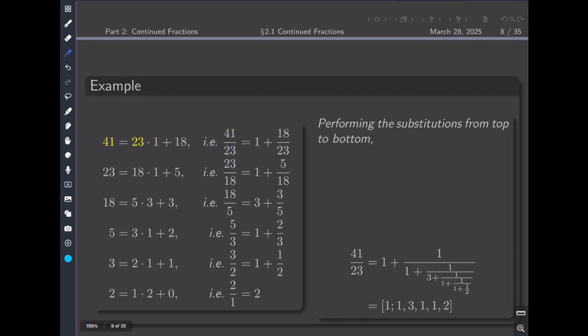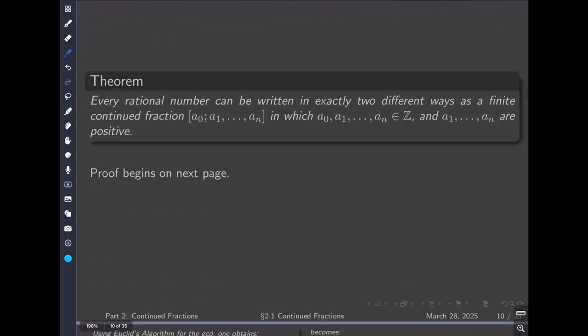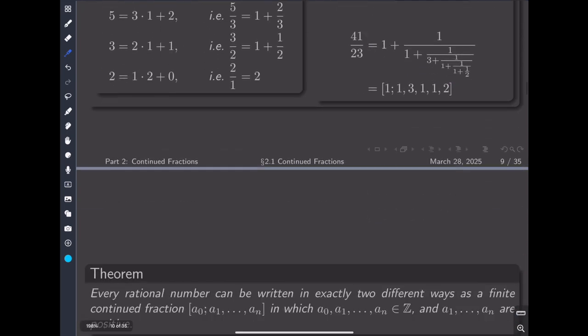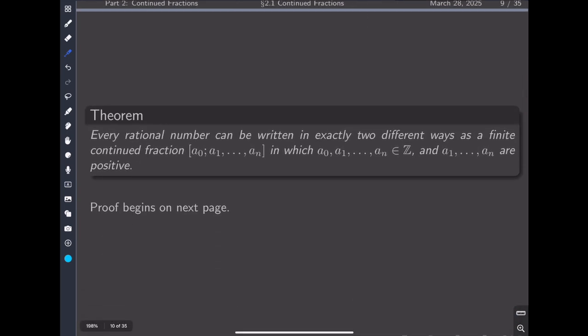So I want to express the rational number as the result of doing certain operations, and for each rational number there are two sequences of a's, and actually they don't have the same length.